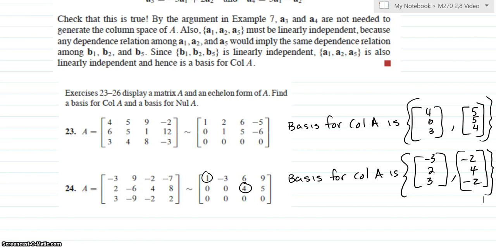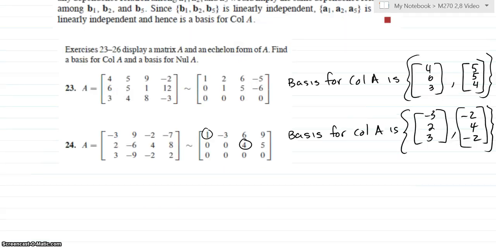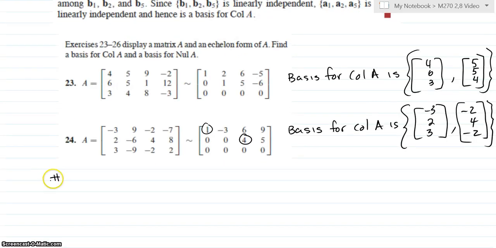What about the null? If you remember, the null was where the free variables are. So the null is going to be where those free variables are. So let's look at 23.